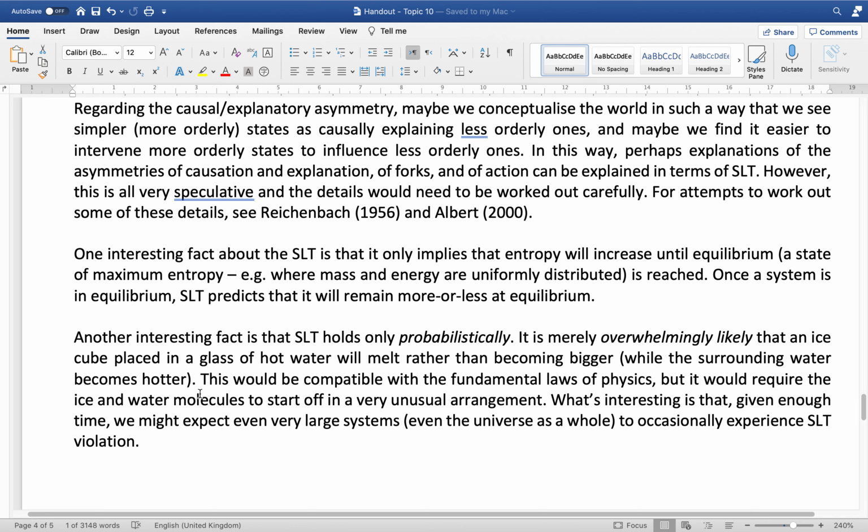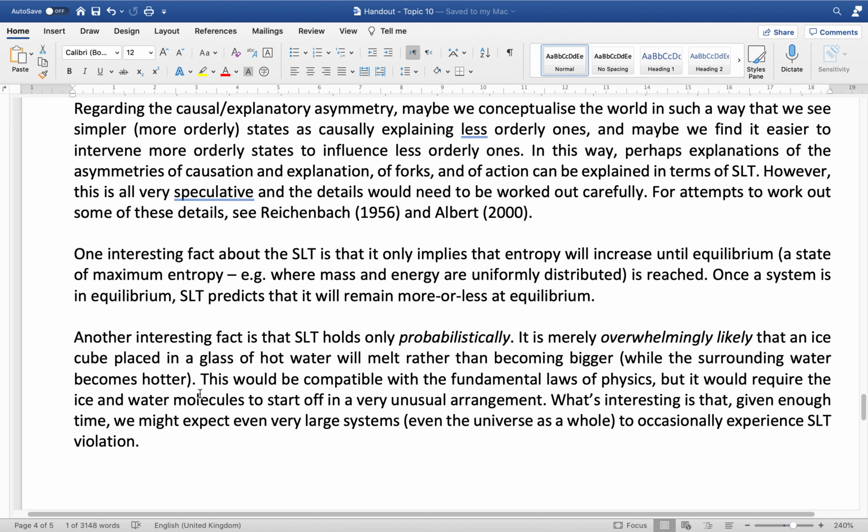So it's merely overwhelmingly likely that an ice cube placed in a glass of hot water will melt rather than becoming bigger. So actually, statistical mechanics implies that there's a chance, albeit a very small chance, that if you place an ice cube in hot water, then it won't melt, but rather it will become larger and colder while the surrounding water becomes hotter.